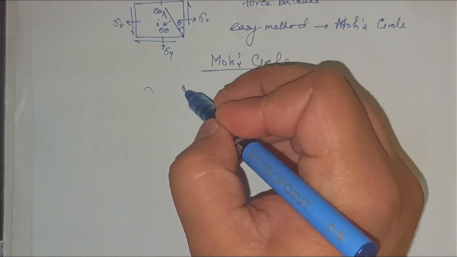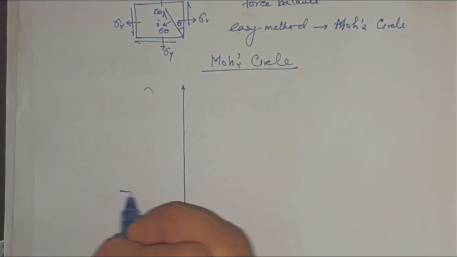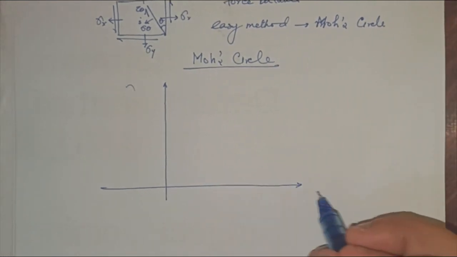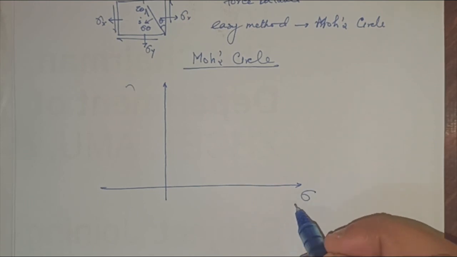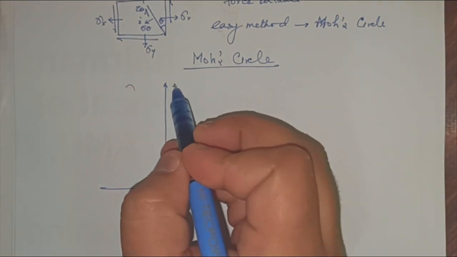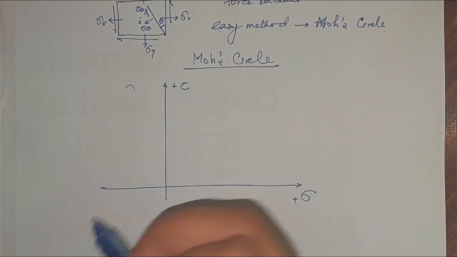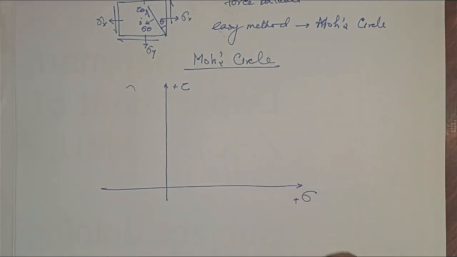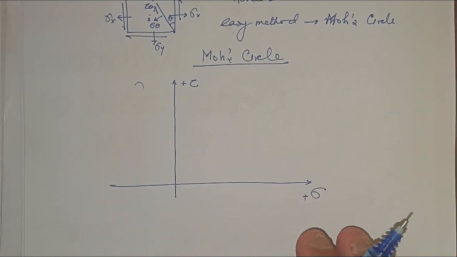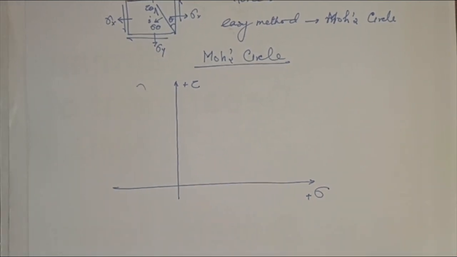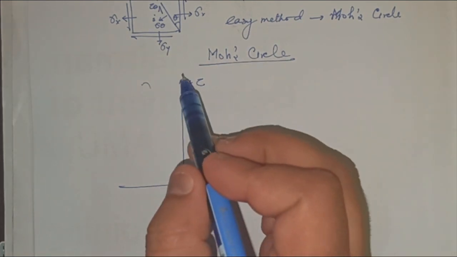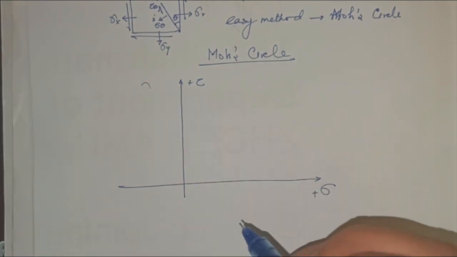For the Mohr circle, we draw two axes, and we consider that this is a normal stress axis, sigma plus, and this is a shear stress axis, tau. So all these values will be positive here, positive here. People used to draw it like this and this. There are different ways of doing it, but I'm telling you the most general and easy way. Positive stress, positive shear stress. So these are normal, shear.